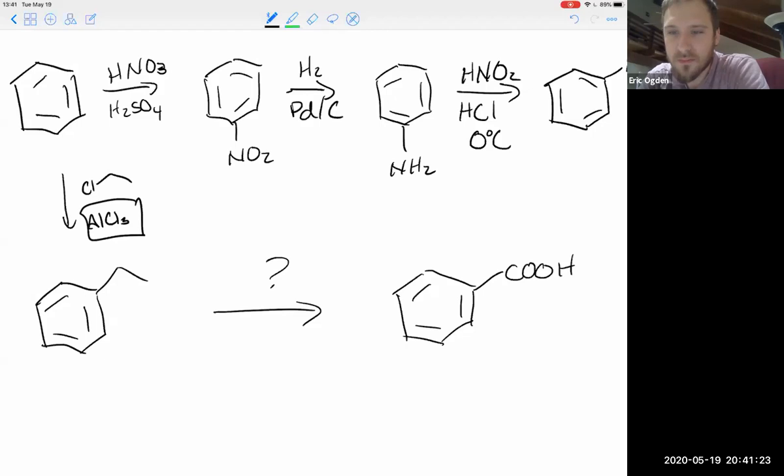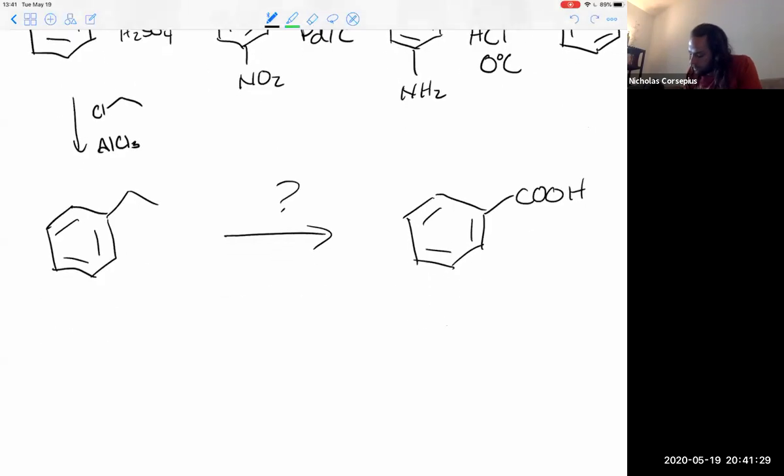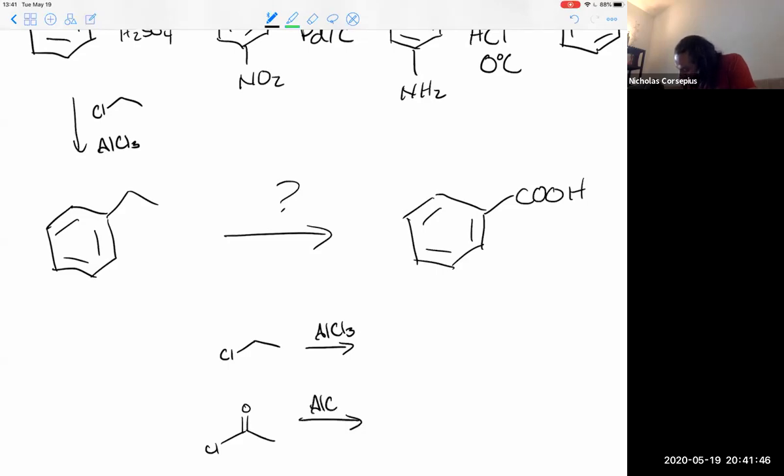Catalyst? In both, so we see this aluminum chloride in two instances, both to catalyze reactions with alkyl halides, as well as to catalyze reactions with acyl chlorides.